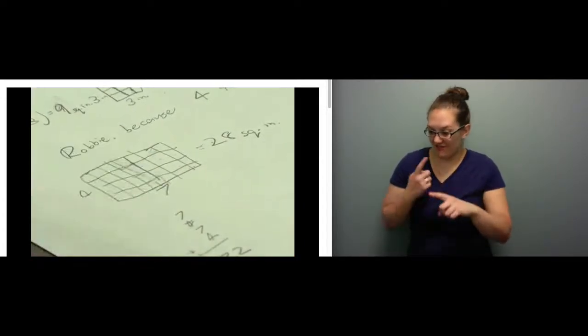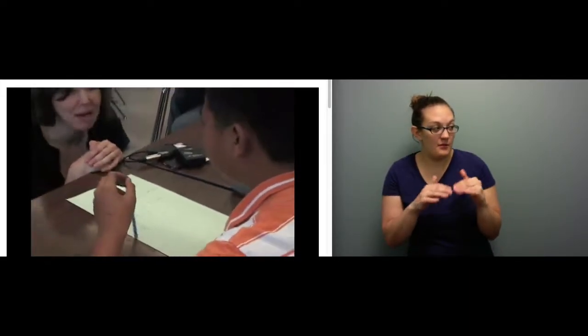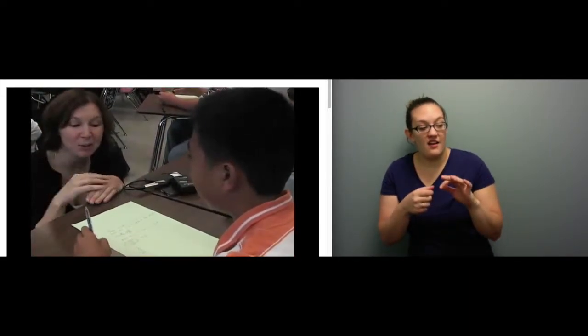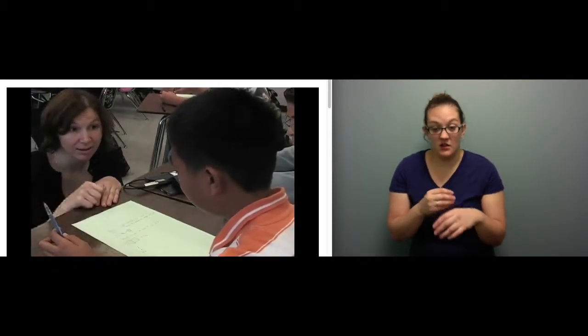So what was his friend thinking? That area that you're supposed to add. To find the area, yeah. So then you just proved that this is what? And that's the perimeter.